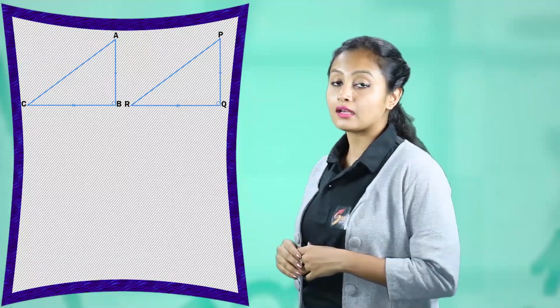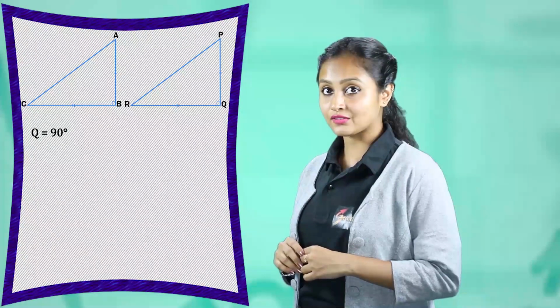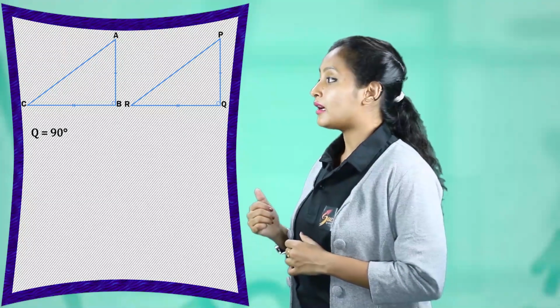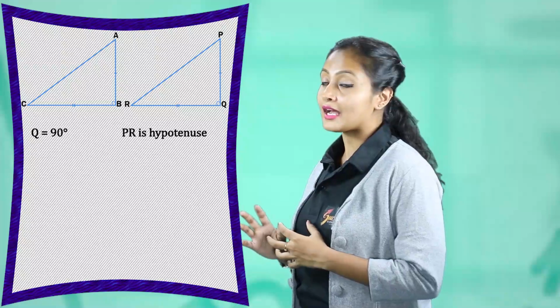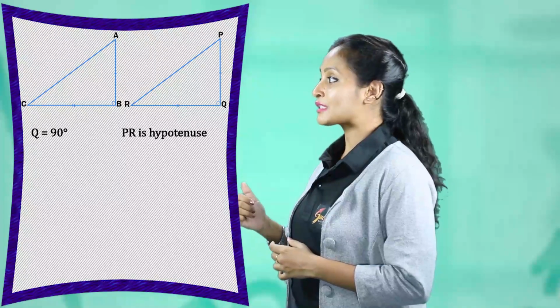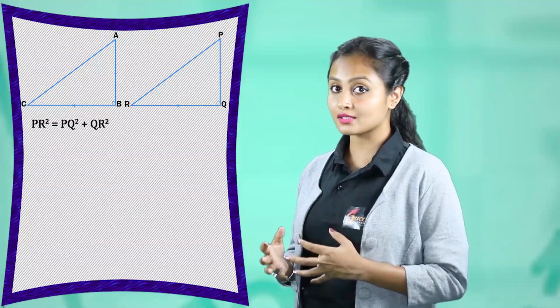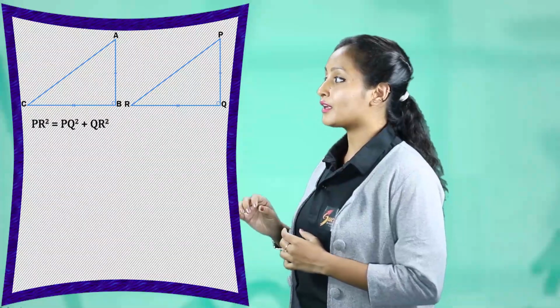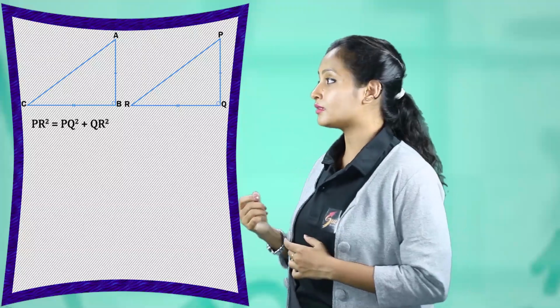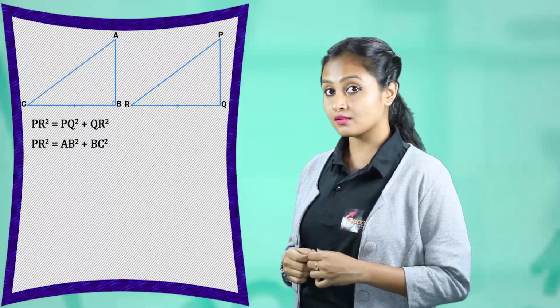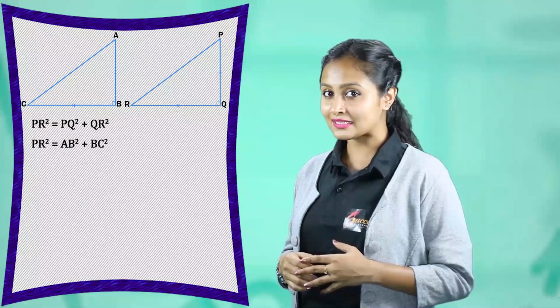Since angle Q is equal to 90 degrees, in triangle PQR, side PR is the hypotenuse. So, PR square is equal to PQ square plus QR square. Or we can also say it the other way, PR square is equal to AB square plus BC square. How did we find that?